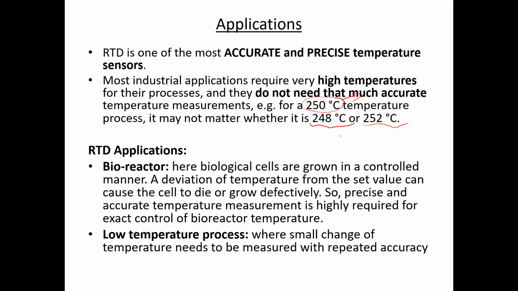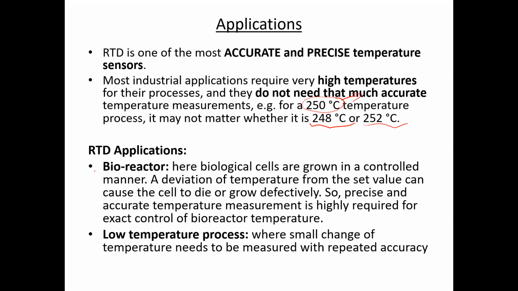and even for low temperature applications, they are quite useful, because the temperature ranges have been tabulated previously in one of the previous slides. So from there you can say that up to a certain extent for low temperature applications, the RTDs can also be used.